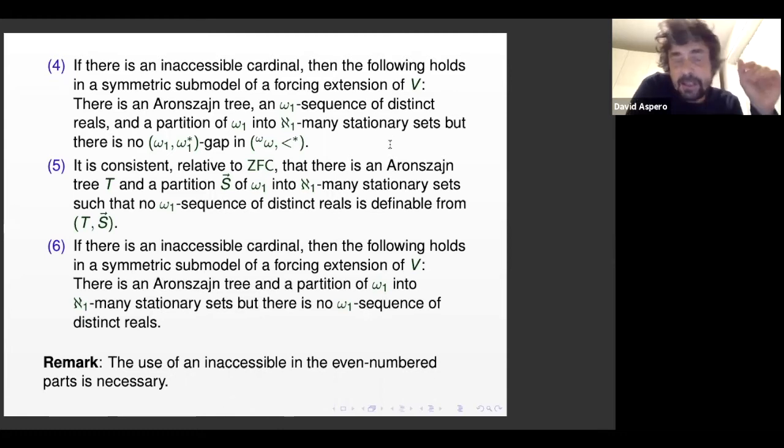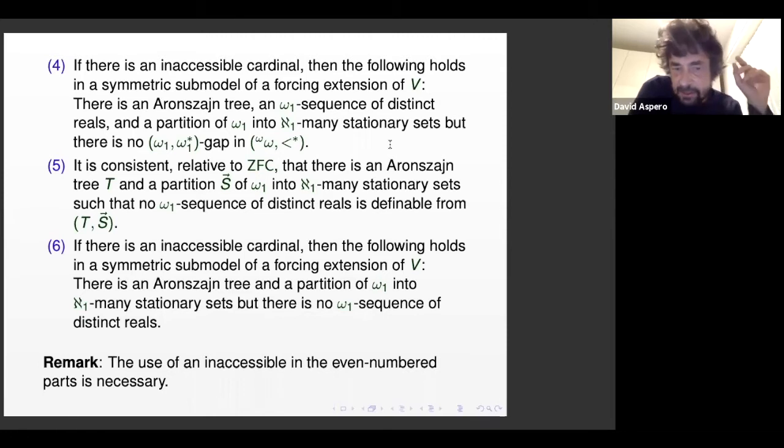And finally, you can show that relative to ZFC, you can have an Aronszajn tree T and a partition of omega 1 into omega 1 many stationary sets, but there is no omega 1 sequence of distinct reals definable from these objects. And again, if you have an accessible kernel, you can turn the definability into existence or non-existence in this result.